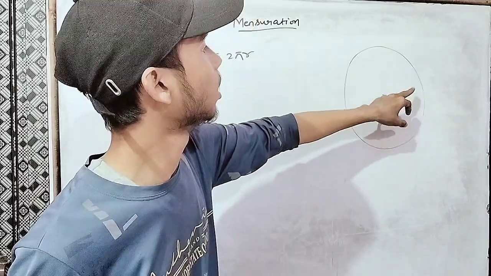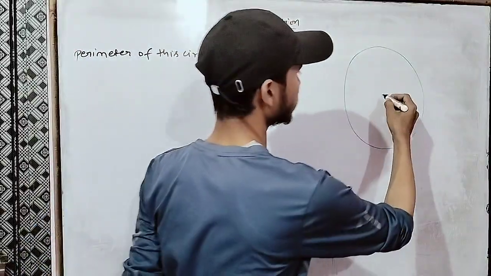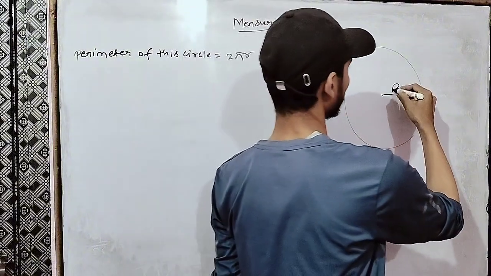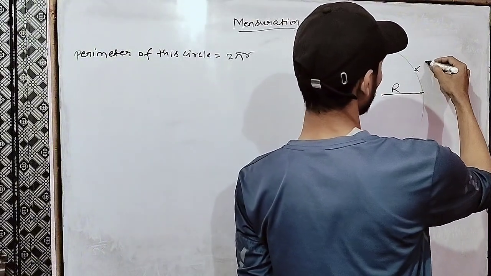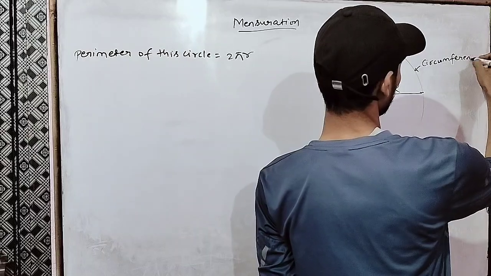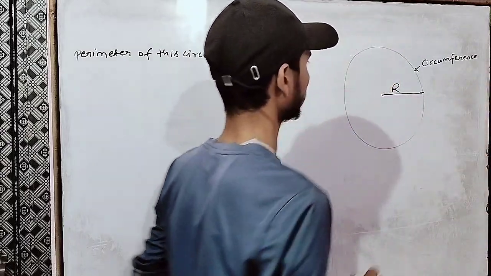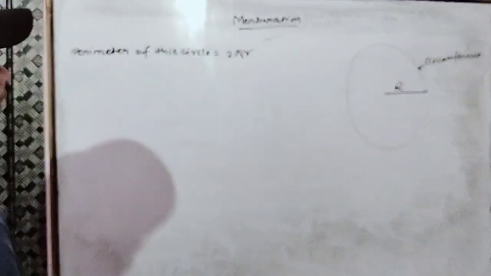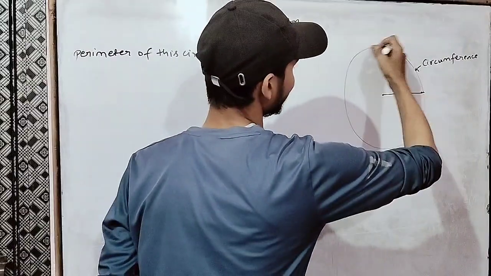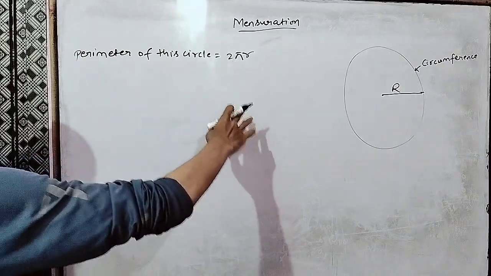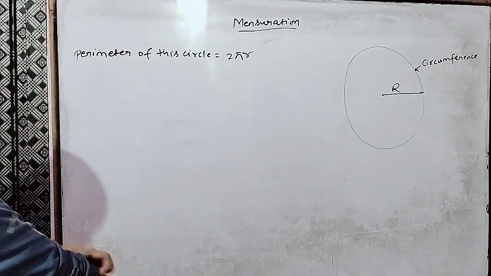This is called the radius, and this is the circumference. To find the total length of this circumference, we apply this formula, 2 pi r.